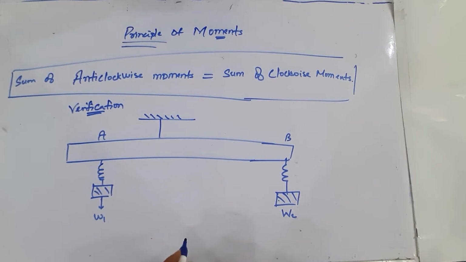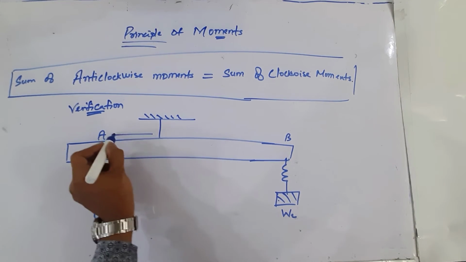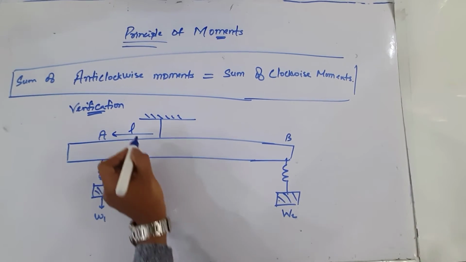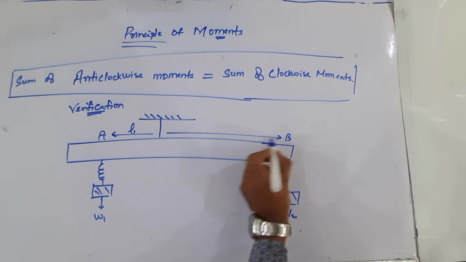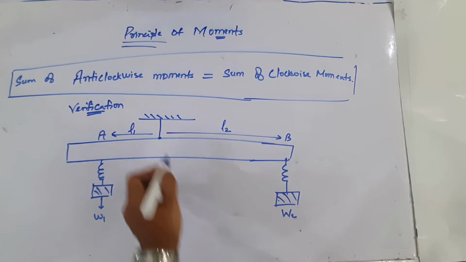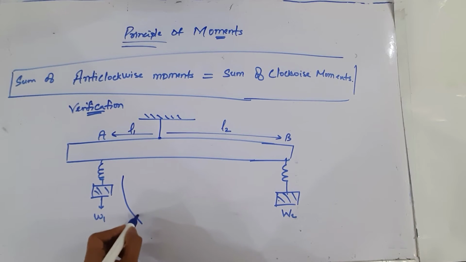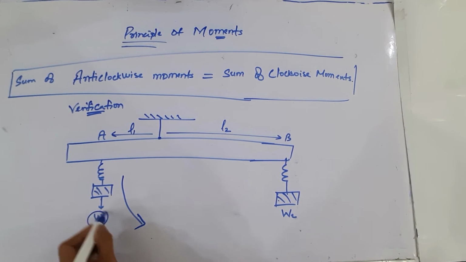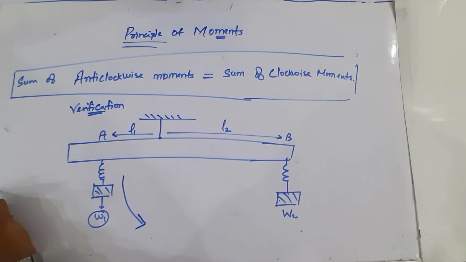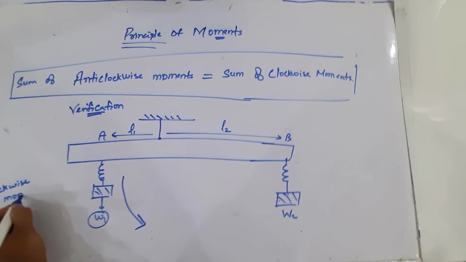After adjusting, let the weight W1 be at a distance L1 and the weight W2 be suspended at a position L2 from the suspended point, or the pivoted point. So what will be the anti-clockwise moment created by weight W1?